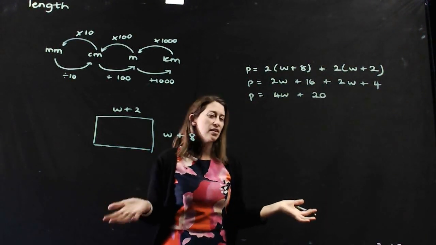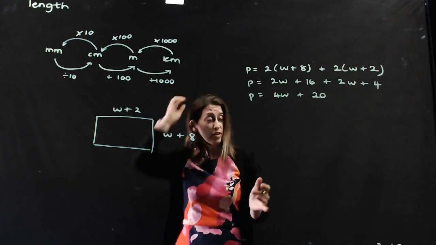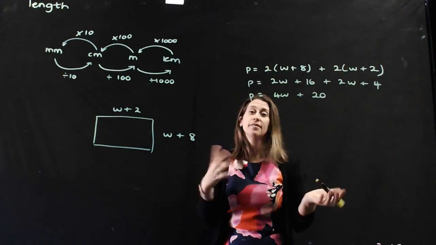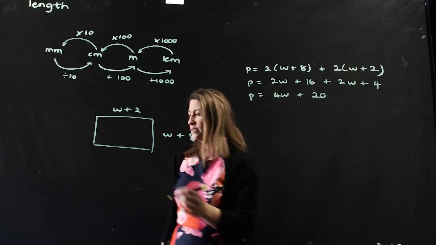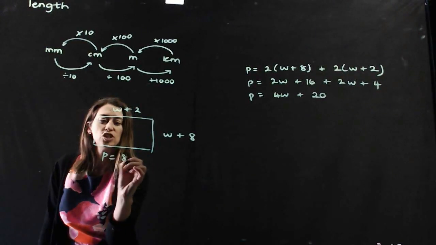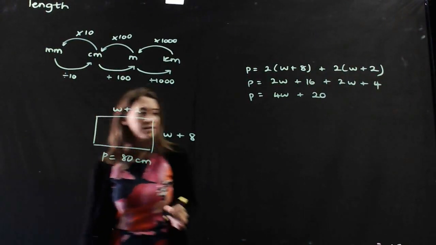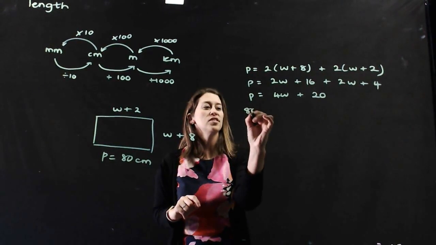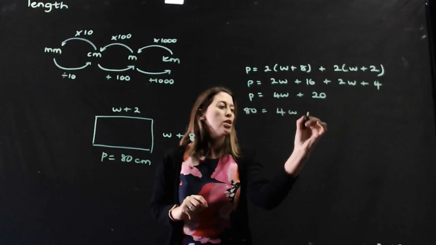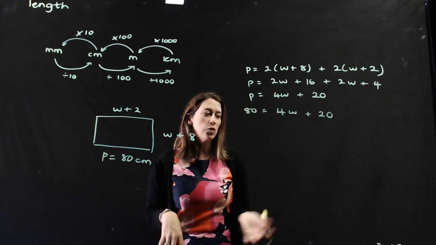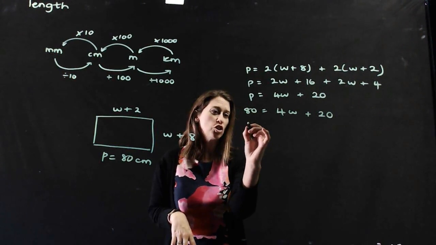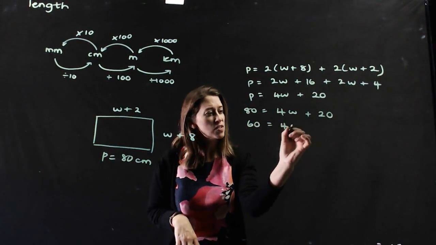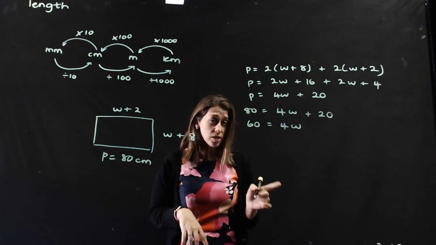Let's give the perimeter an actual measurement. Let's say the perimeter is 80 centimetres, if we were given that in the question. Let's work out what w is worth. So we're solving an equation. 80 equals 4w plus 20. I'm going to subtract the 20 from both sides, leaving me with 60 equals 4w.